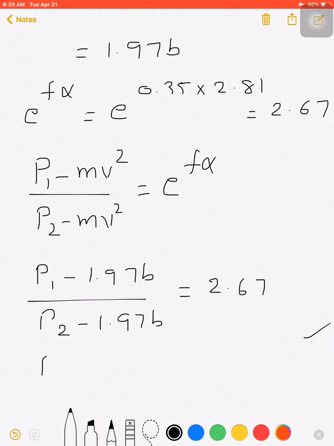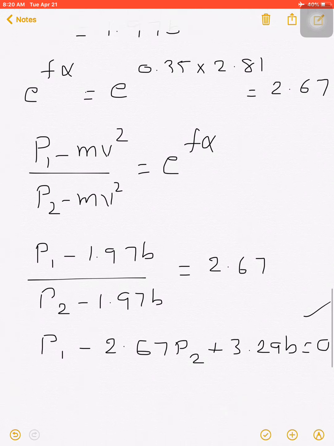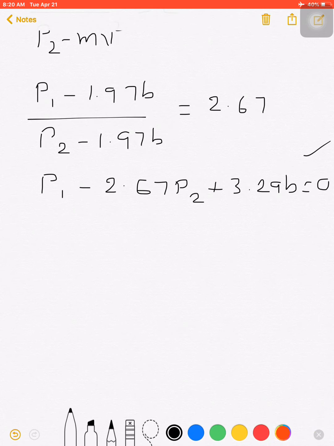Now if I simplify it, P1 minus 2.67 P2 plus 3.29 B is equal to 0. This is equation number 1.